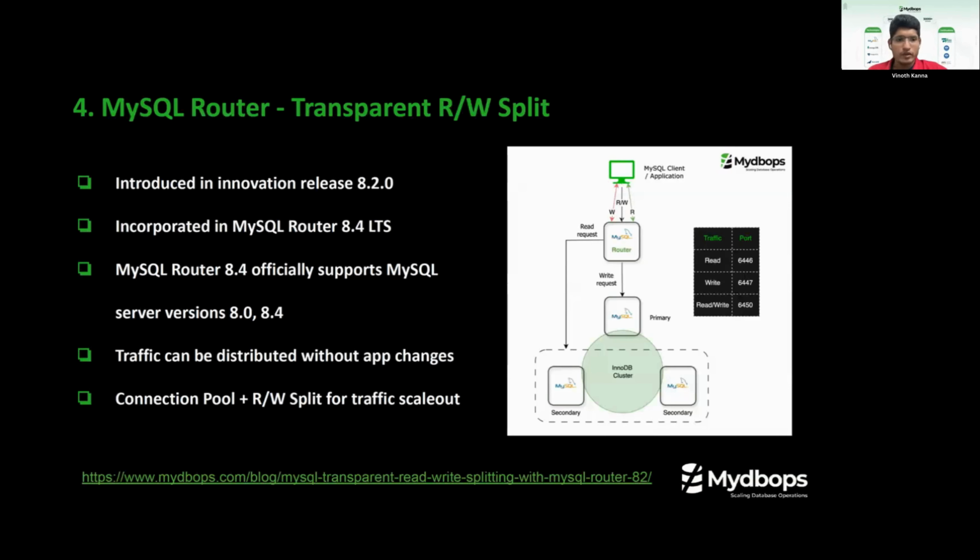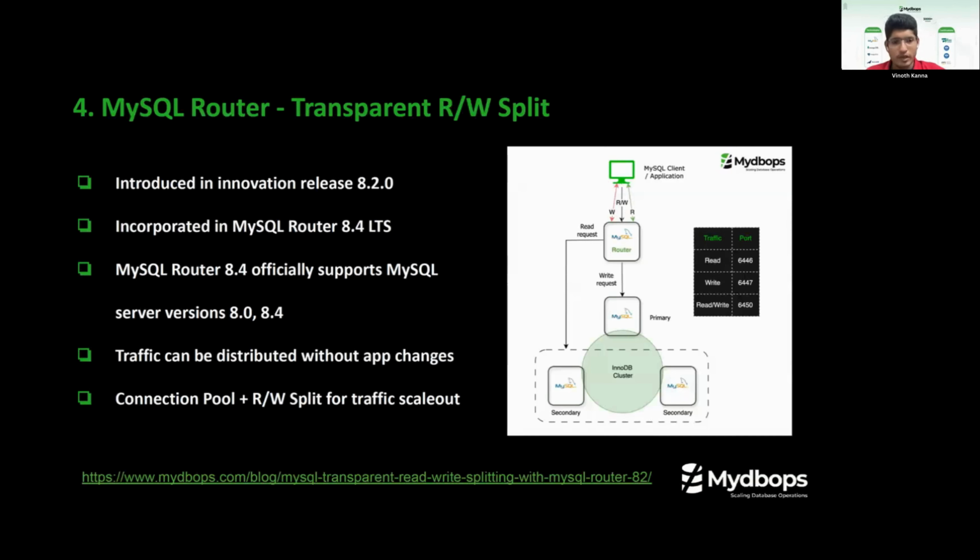So it is going to listen on a separate port. The default ports are given in the picture. So if you have the application segregated as reads and writes, you can still continue to use the older methods, right? Pointing the write traffic to 6447 and balancing the read traffic to 6446.